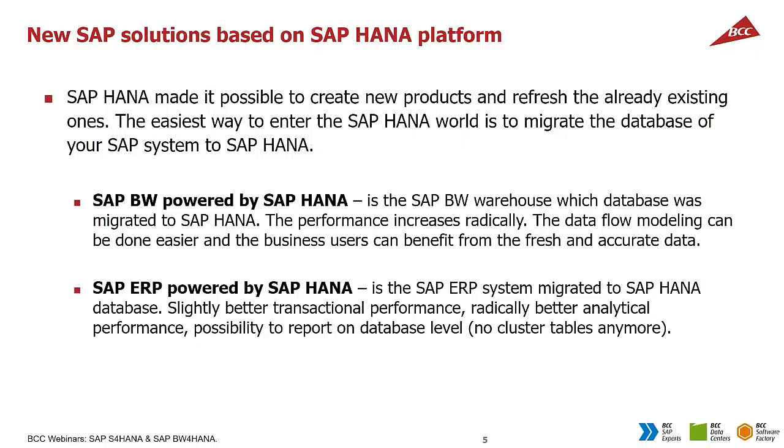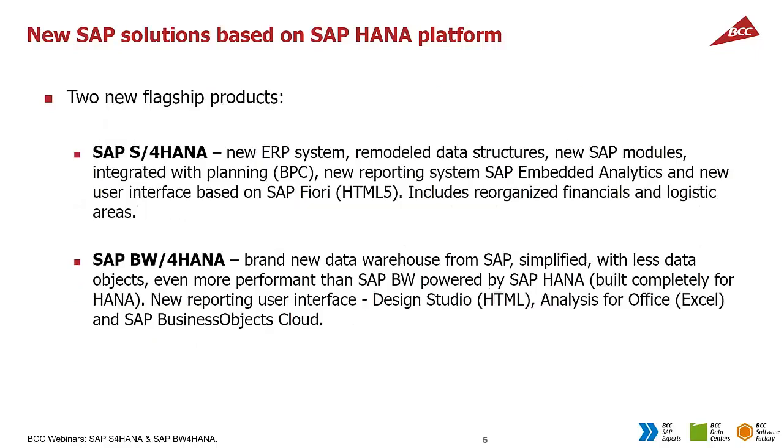Okay, but these two products are milestones to achieve really new SAP systems, to reach, I would say, a new level that SAP has introduced. These are SAP S/4HANA, the new ERP system with totally remodeled data structures.